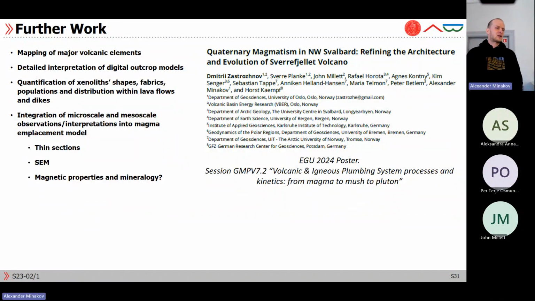And integrate microscale and mesoscale observations into a magma emplacement model based on thin section analysis, SEM, and maybe magnetic properties and mineralogy, because Agnes nicely showed that we can understand what the processes were after the emplacement, and I think we should consider combining and coupling our results.